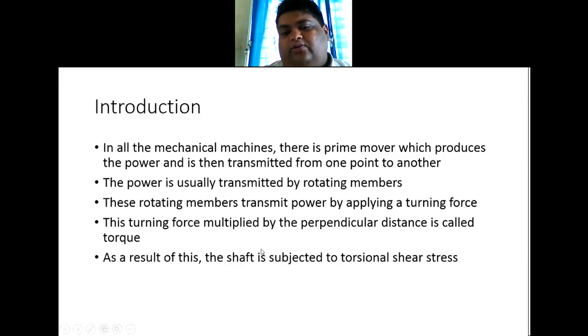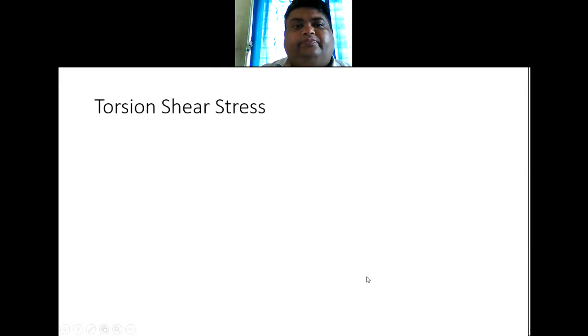So the nature of failure is also shear here, but the stresses are called torsional shear stress. The way we calculate the magnitude of the stress is completely different from direct shear stress. Direct shear stress is shear load divided by cross sectional area. This is not load by area, it is different, right? Now let us try to understand how to calculate these torsional shear stresses in any component.